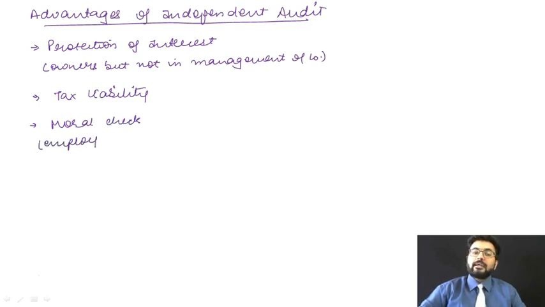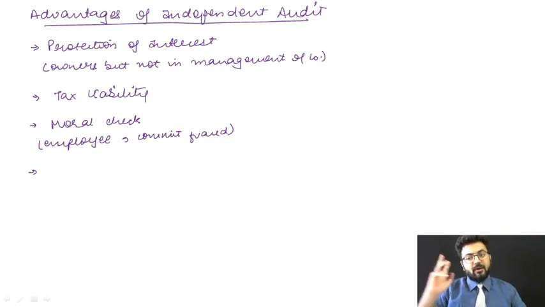If there is any employee who is going to commit any kind of fraud or embezzlement of cash or any kind of misappropriation, he will be caught. He can be identified easily that yes, there was no such voucher, in spite of that this person has done this kind of transaction. Now, I'll tell you more about this.